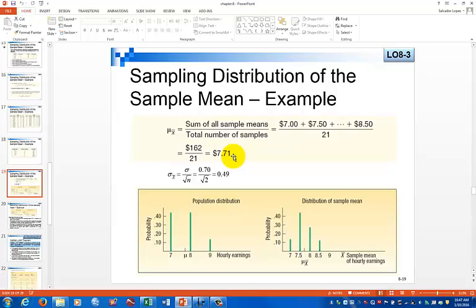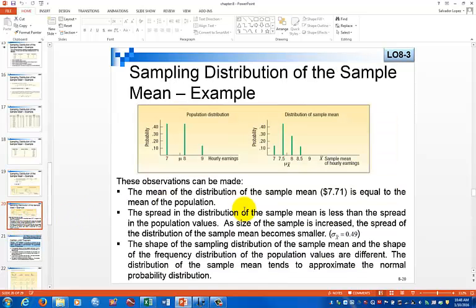So if you can get all possible sample means for a specific size, in this case 2, then the mean of these averages is exactly equal to the mean of the population. All right, so that is conclusion number 1.